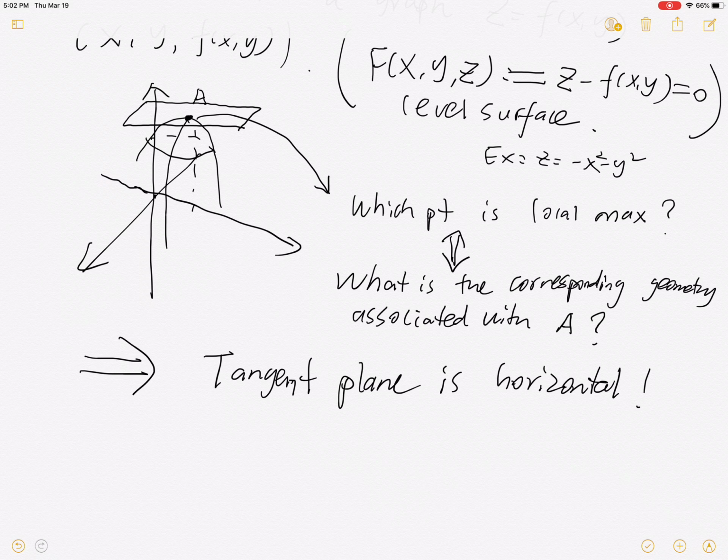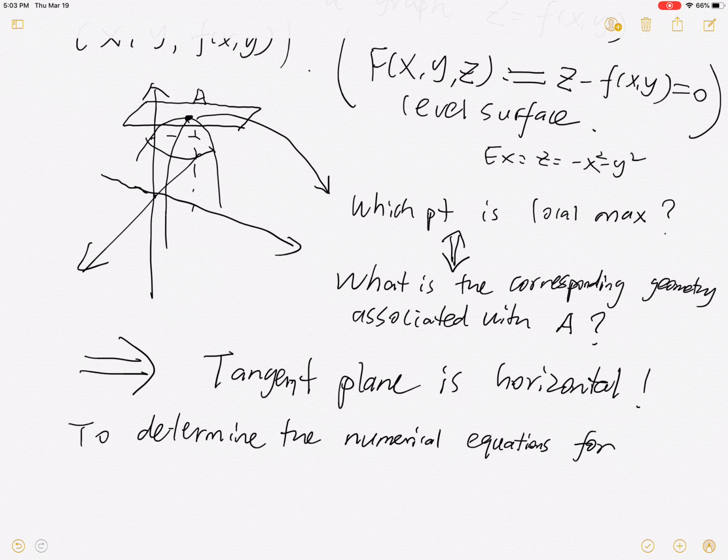Okay. Next, we turn back. We use this geometry to determine the numerical criterion, the numeric equations or criterions, for (a, b).